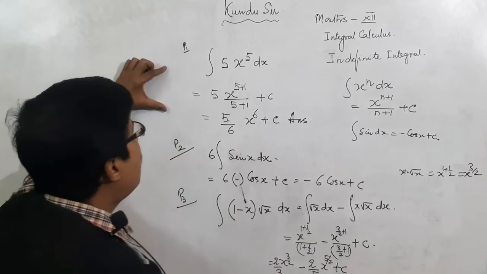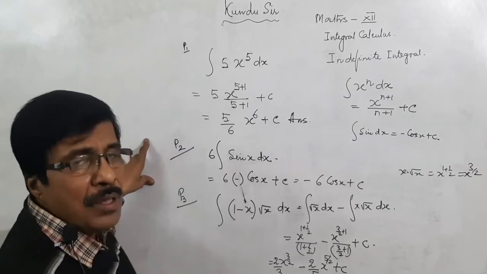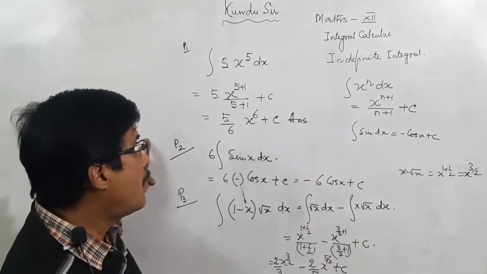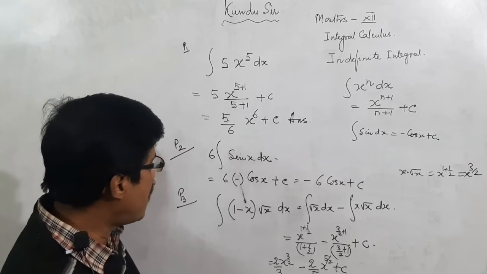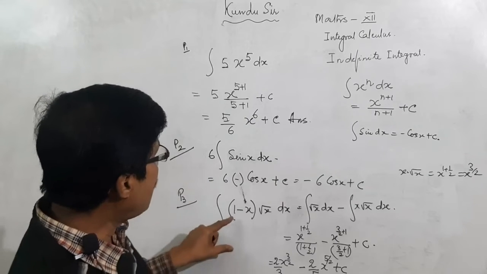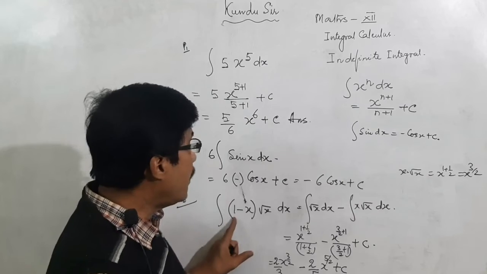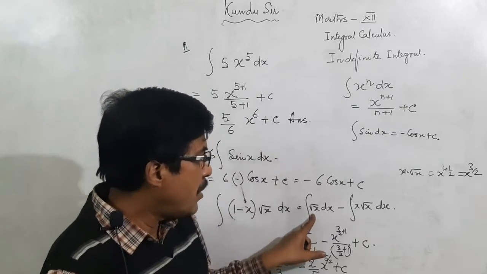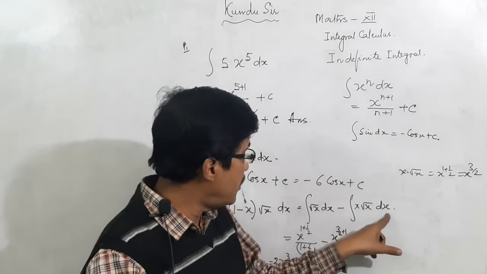So we have done problem 1 and problem 2, where the result of the integral of sin x is minus cos x. The third problem, 1 minus x into root x dx, can be written as root x minus x into root x dx.